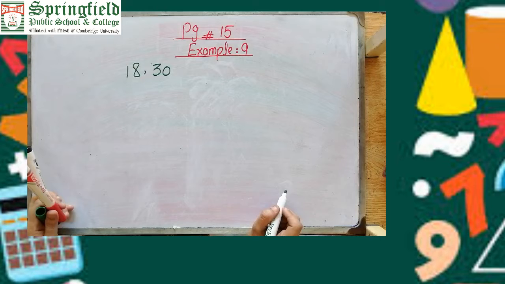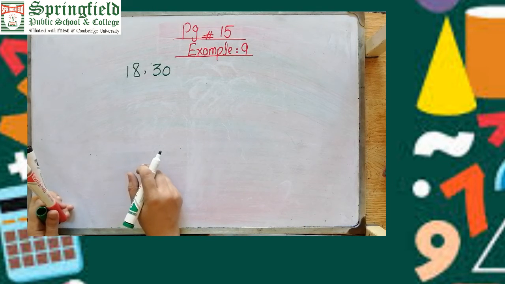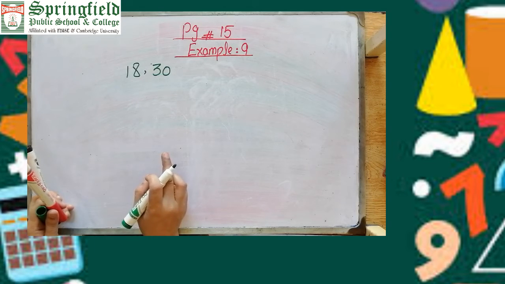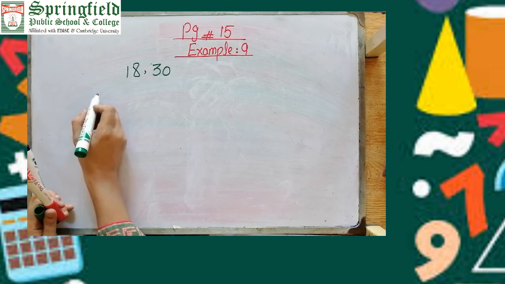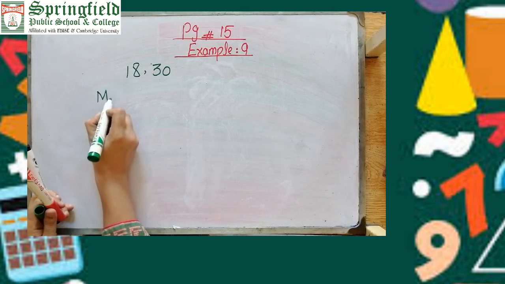So we will use both methods here. But it's your choice, you can select any one, beta. Fine? Okay. According to method number 1.